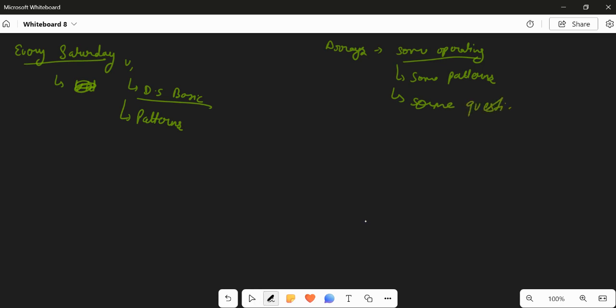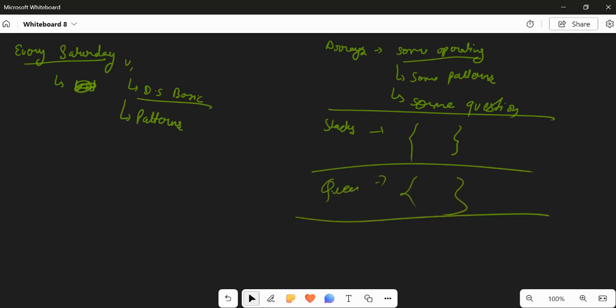And then we will move to the second data structure, that is stack, repeating the above three steps for the stack. Then we will move to queues, repeating the above three for queues. And then we will move to the linked list, repeating the above three steps for the linked list. So this is going to be our curve.